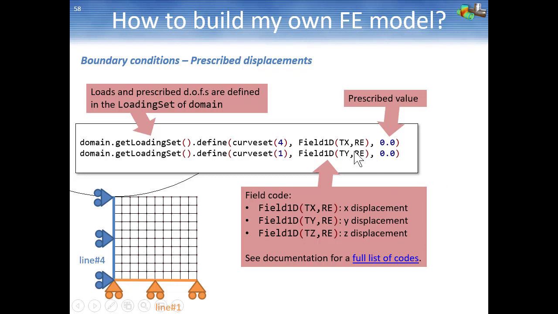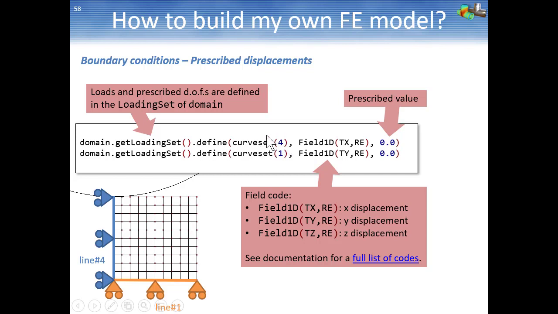So that was contact. So the next step is to define boundary conditions. Boundary conditions are mainly prescribed displacements. So you want to fix some nodes at some given locations. And the syntax is a little bit obscure, maybe, but, well, just copy-paste the line. So the boundary conditions, such as these ones, are defined in an object which is called the loading set, with the command define.